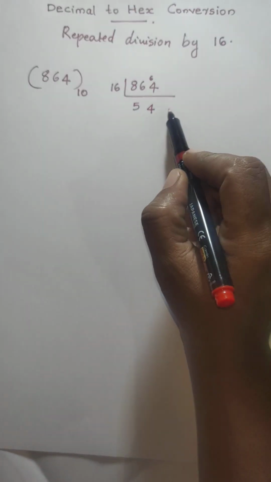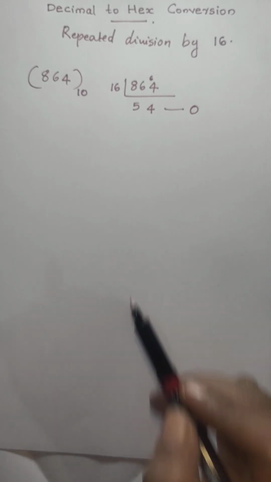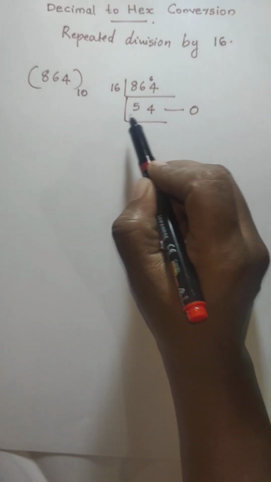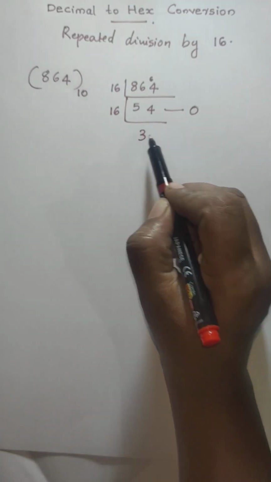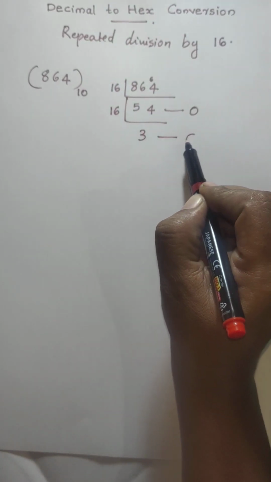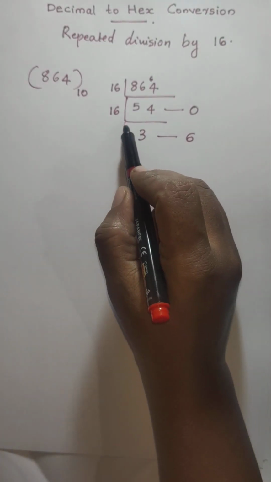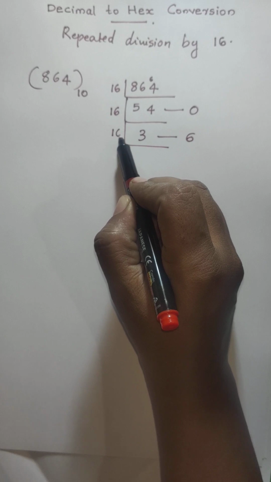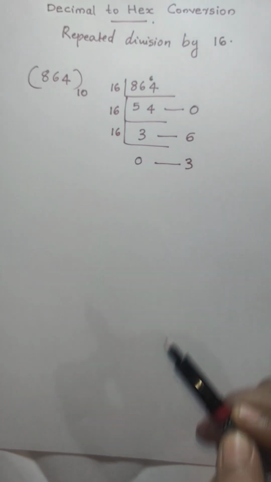So the remainder will be 0. Clear? Again, 54 divided by 16, we get 3 and the remainder will be 6. Next, again divided by 16, we get 0, and the remainder will be 3.